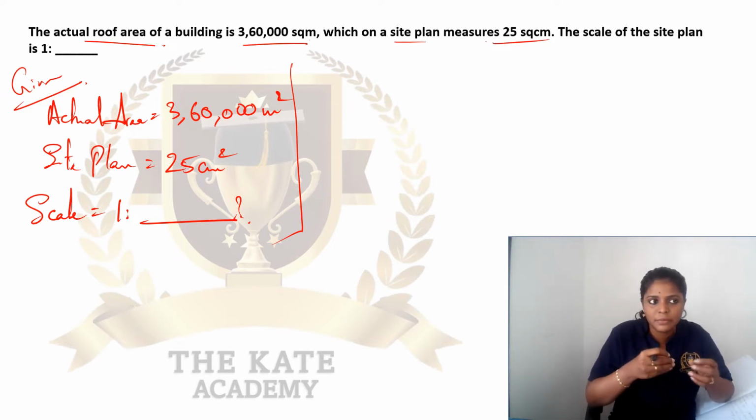For example, if it is a 10 meter length line, which on the site plan shows only a 10 centimeter length line, then you can divide it. Then you can just convert the centimeter to meter and divide, you will get the actual scale. But whenever it is in area, don't divide, you will not get the correct answer.